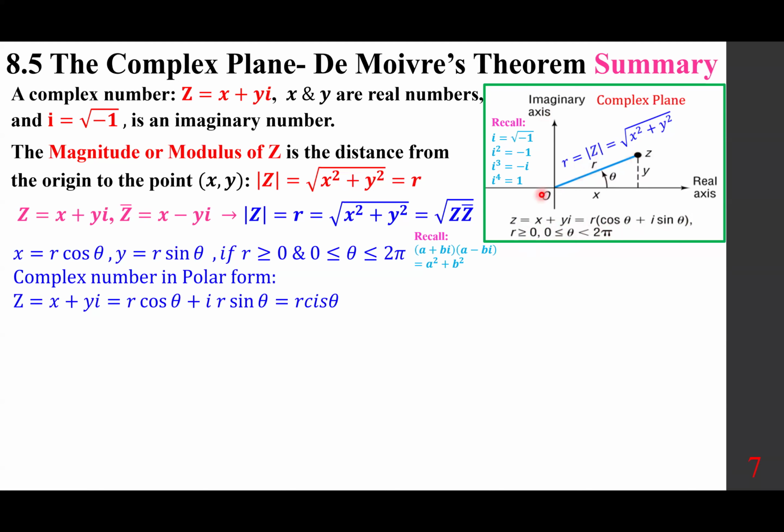This distance r is the magnitude or the modulus, and that is the square root of x squared plus y squared. And tan theta, as always, is y over x, and if need be, you adjust for the quadrant. z equals r cis theta. It can be shown that it's r e to the power of i theta.